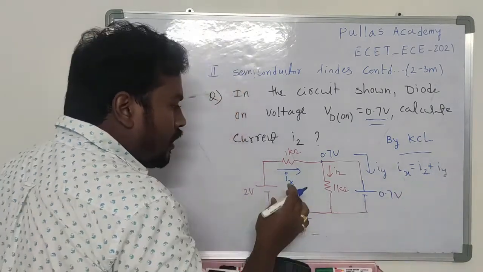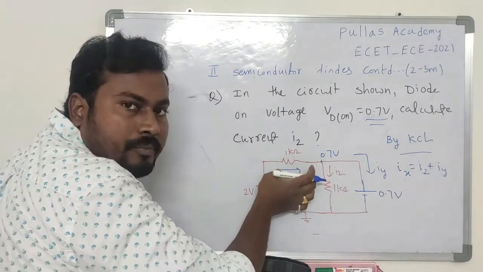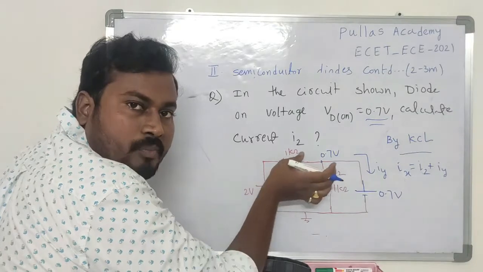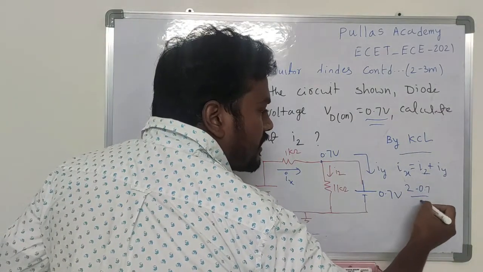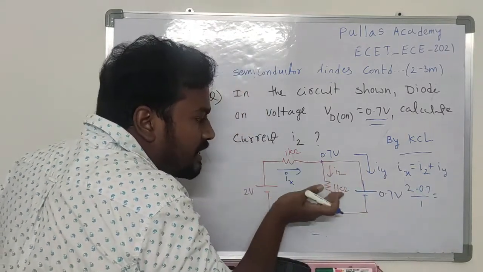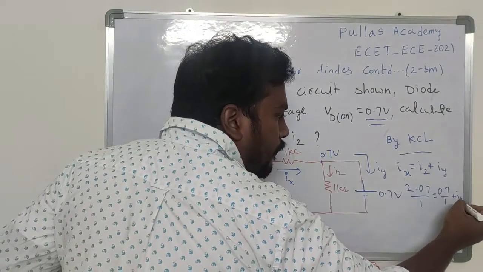Iy. So what is Ix? 2 minus 0.7 by 1 kilo. V1 minus V2 by R. 2 minus 0.7 by 1. So what is I2? V by R, 0.7 by 1, plus Iy.